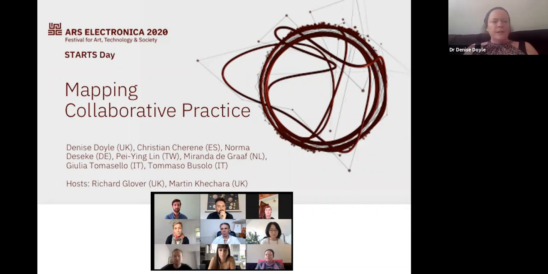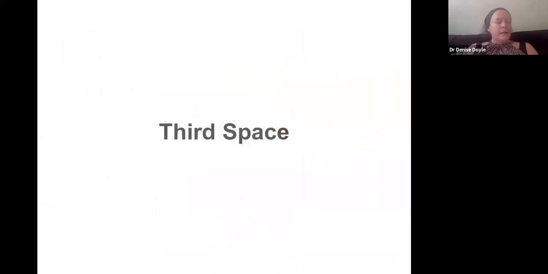And because during our research, a number of the artists and scientists described how they have to build a third space in order for them to find a common language together, this is something that we explored in the roundtable. So I think it's a good point to focus on this concept of the third space.